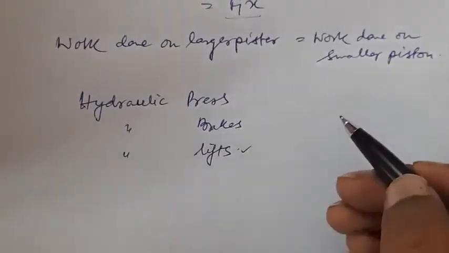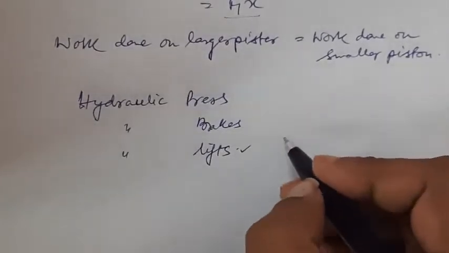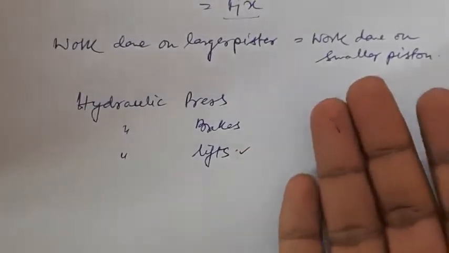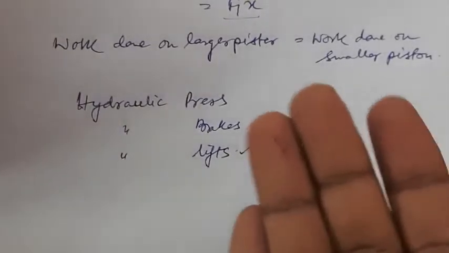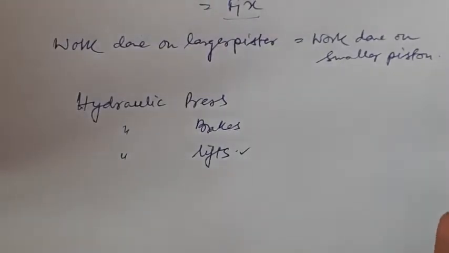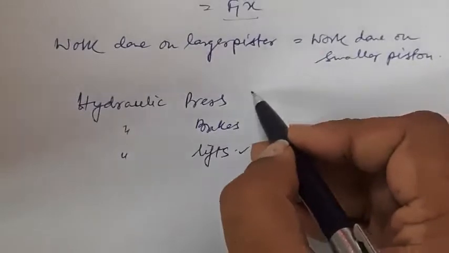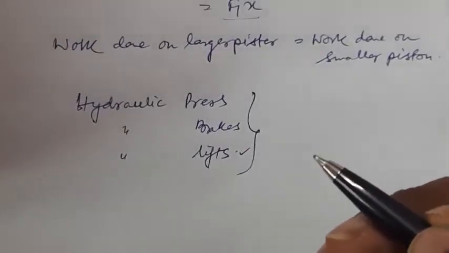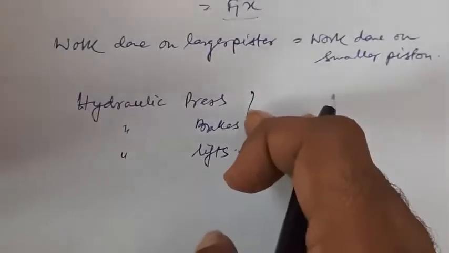Hydraulic lifts you will find in petrol pumps, where cars and buses are lifted on a rail to clean the bottom part. You can study all these from the book. I will not go into greater detail in this part of the theory.